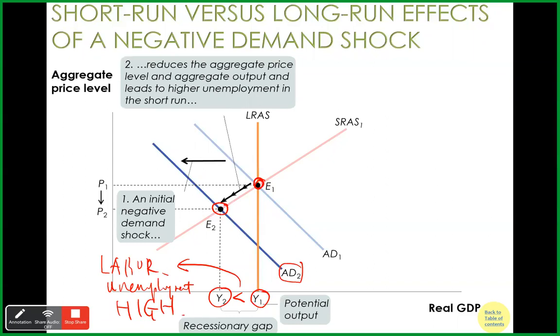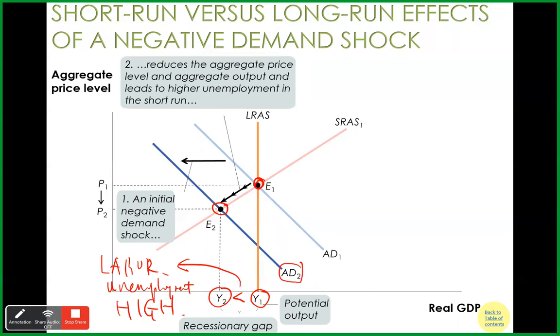Do you think the wage is going to rise or fall? The wage must fall, right? Because there are so many people desperately looking for a job, they're willing to work for a lower wage so that they can get the paycheck. If that is the case, what does that mean for the aggregate economy?